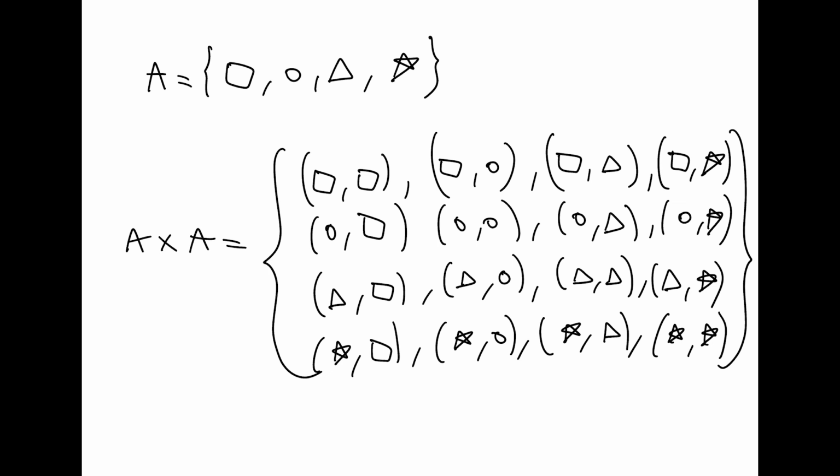If we use braces, we are listing the elements of a set, so we don't care about the order. By the way, sets do not have order. So if we have a set of square, rectangle, circle, it's the same as circle, rectangle, square. So order doesn't matter for a set, but it matters for pairs.